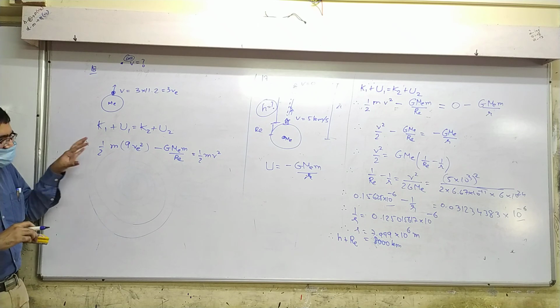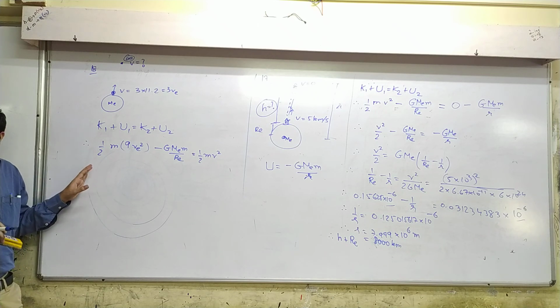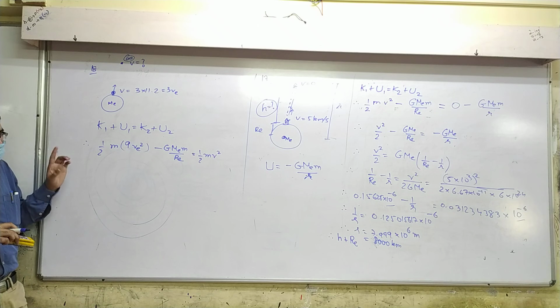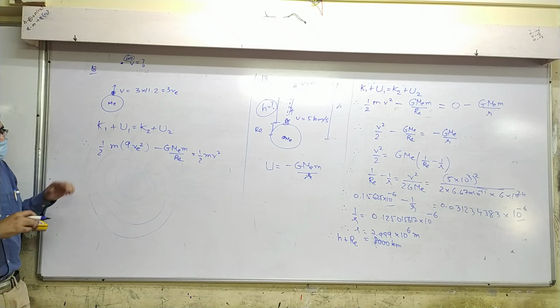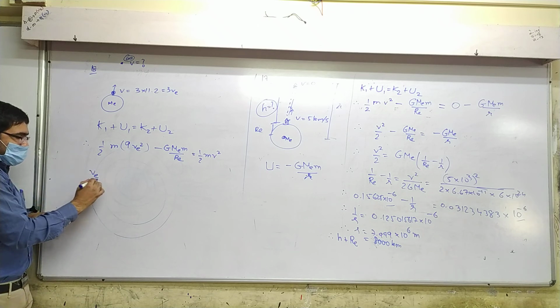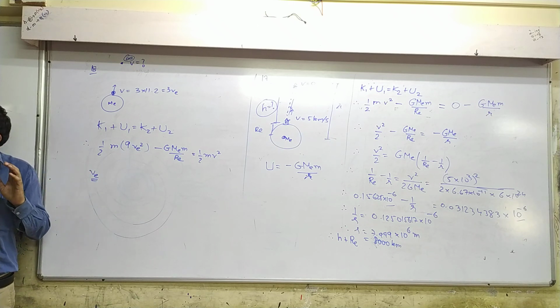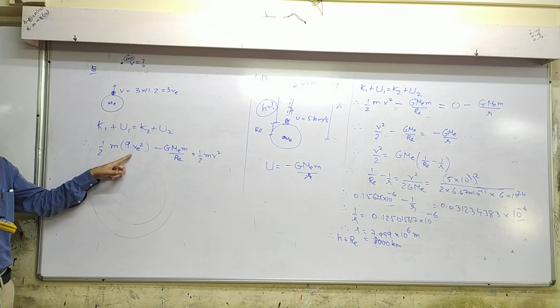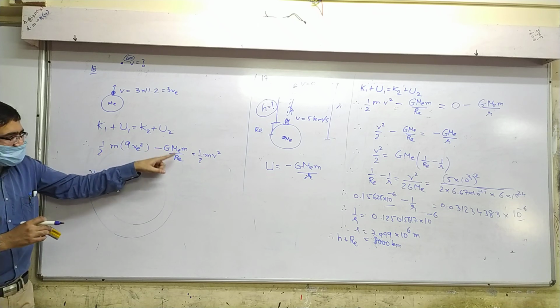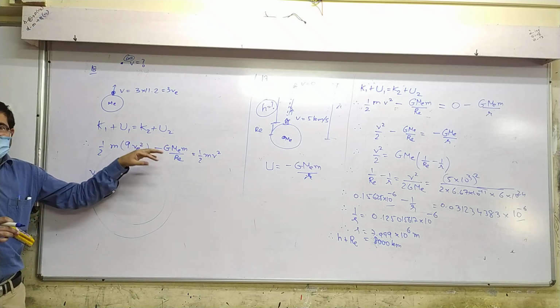Now see, there are multiple ways to solve this problem. One piece of advice: if you convert everything into the form of VE, the answer will come very easily, maybe without a calculator. m will cancel out. Then what remains? Can you convert that to VE something?